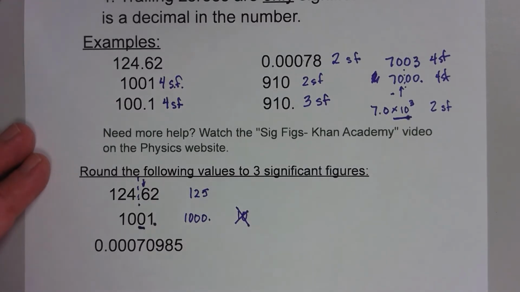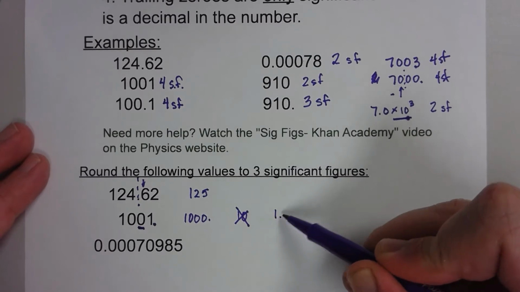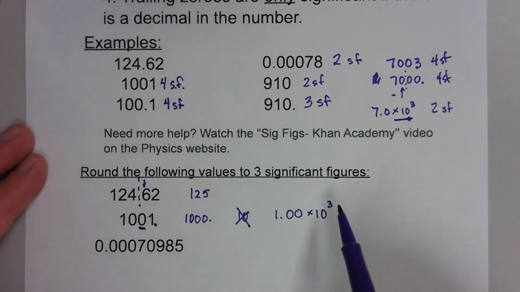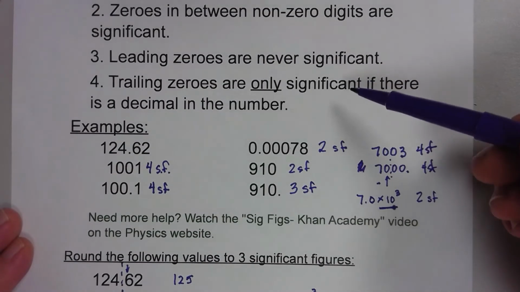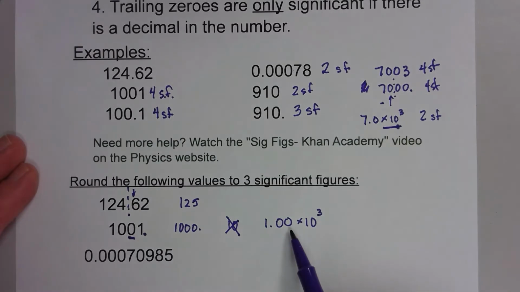What we want to say is we know the tens place is 0, but the ones place is kind of a guess. So the way we'd write that is 1.00 times 10 to the third, and again, trailing zeros are significant if there's a decimal. There's a decimal, 1.00, 3 sig figs, times 10 to the third means the 1 means 1,000, the 0 means 0 hundreds, and this 0 means 0 tens.